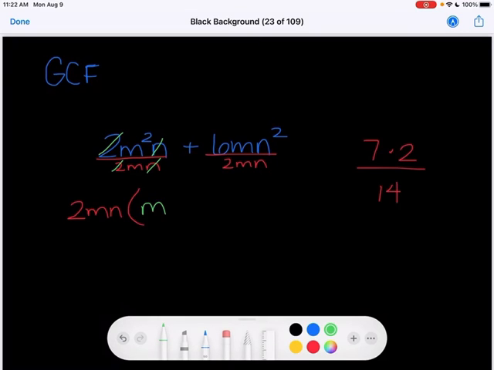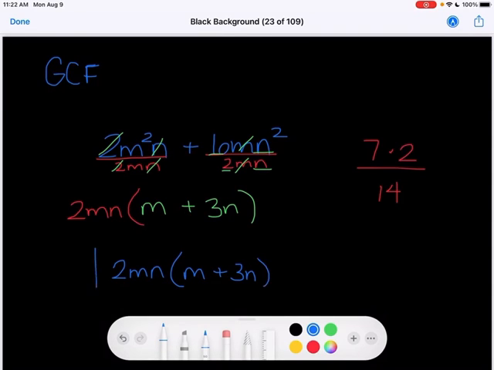Moving to the next one, so I've got plus. 6 divided by 2 is going to give me 3. Those m's would cancel. And then n squared divided by n is just n. So our final answer here, after we factor out a GCF, is 2mn, parentheses, m plus 3n. That's your final answer.